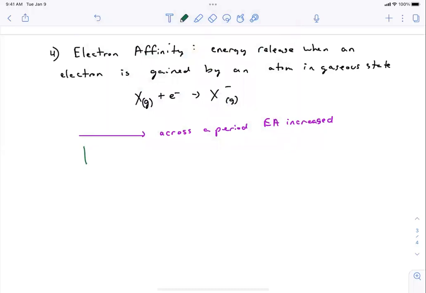And as you go down, the electron affinity decreases, because as you get a bigger and bigger atom with more and more electrons, the addition of an electron benefits it less for stability. So down a group, the electron affinity decreases.